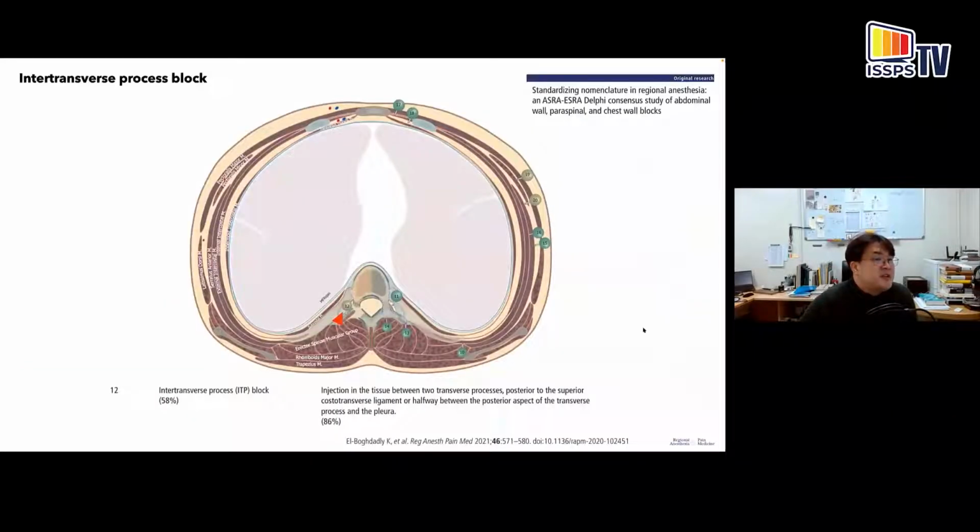Previously, some clinicians recommended injection targeting the space posterior to the SCTL. The ASRA and ESRA Delphi consensus reported in RAPM defines an injection posterior to the SCTL as the intertransverse process block, ITP block.